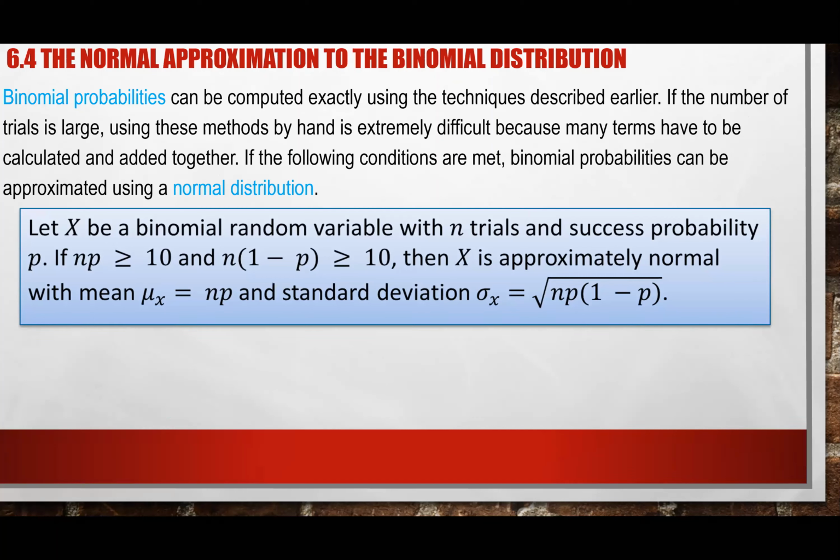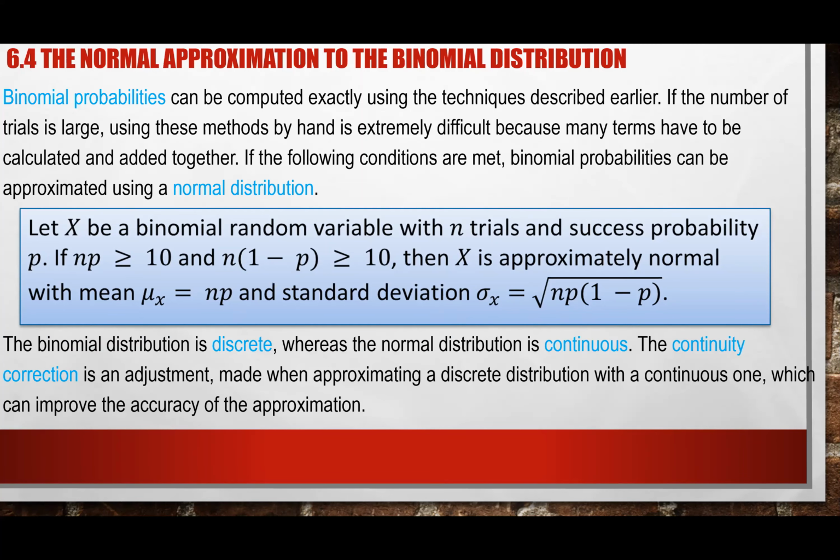The requirement is that n times p has to be bigger than or equal to 10, and n times 1 minus p has to be bigger than or equal to 10. And if those two items hold, then we need to find the mean and the standard deviation, okay? Most of the time, ladies and gentlemen, these two numbers will be bigger than 10. They won't give you something smaller than 10 that you cannot do. So most of the time you can do it.